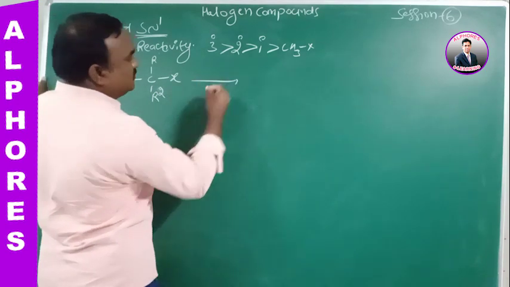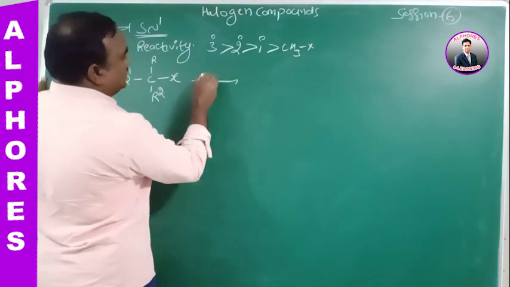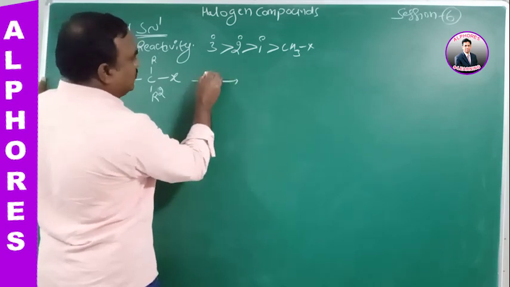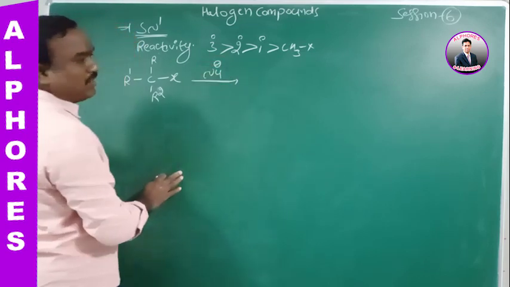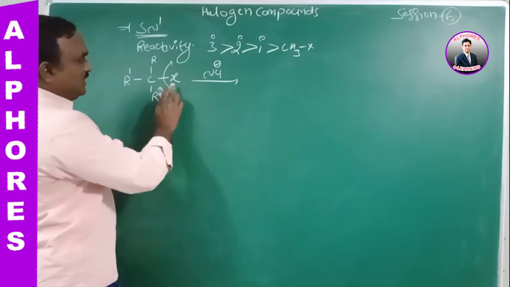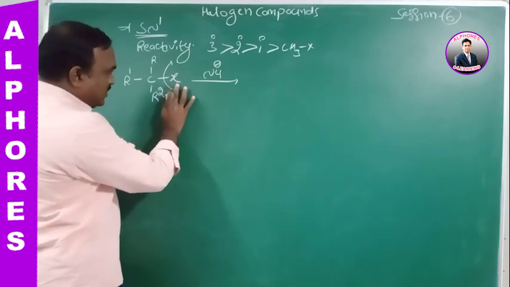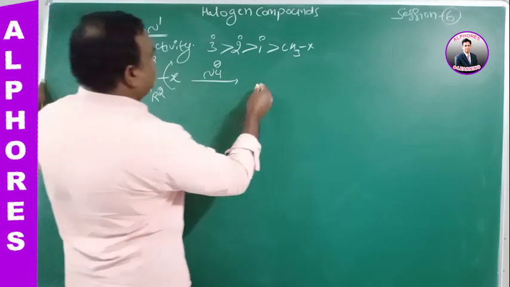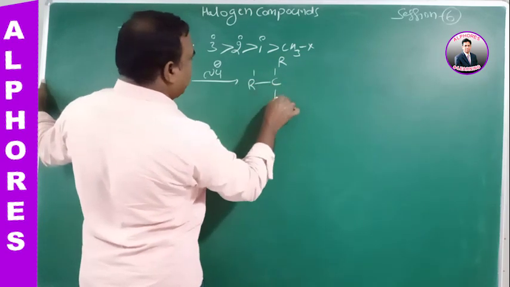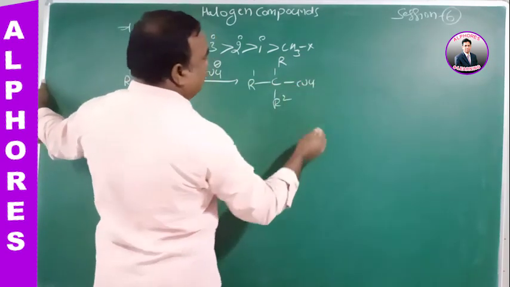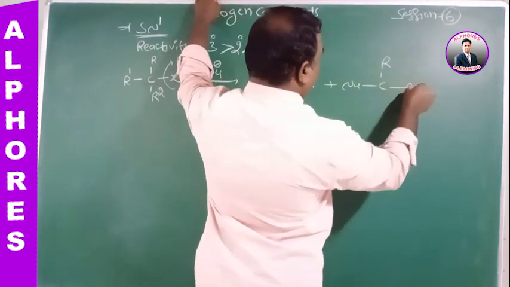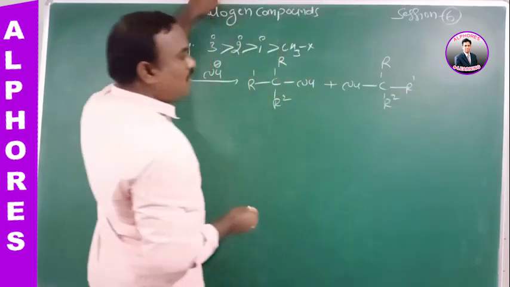The tertiary alkyl halide reacts with a reagent which is carrying a nucleophile, Nu minus. X minus is substituted by Nu minus, giving the carbon with R, R1, R2 and Nu.